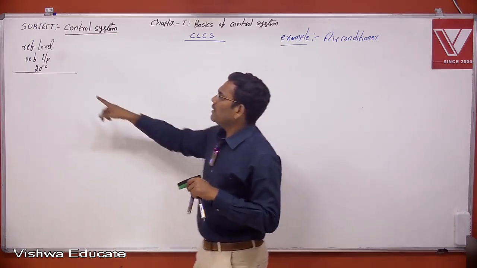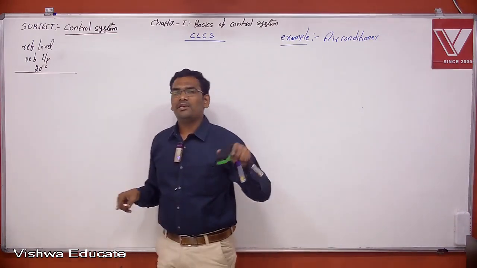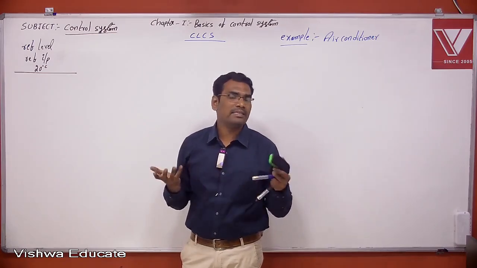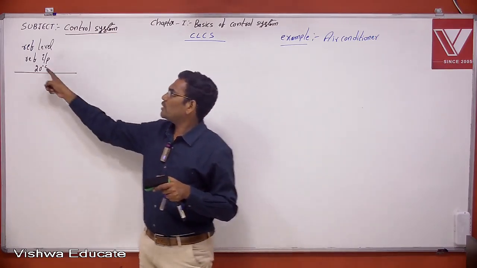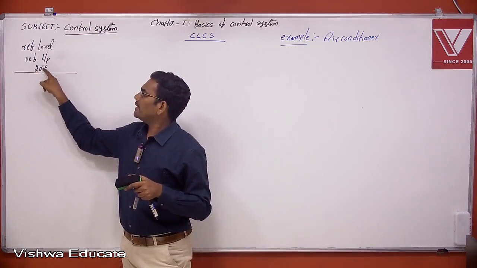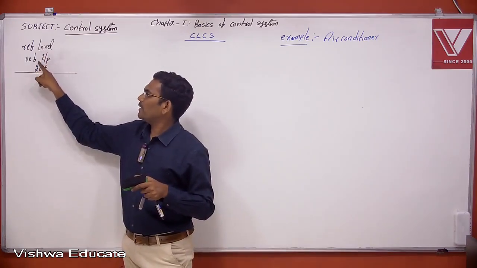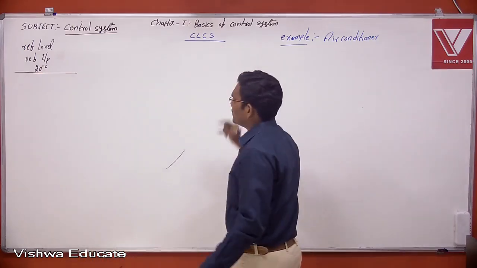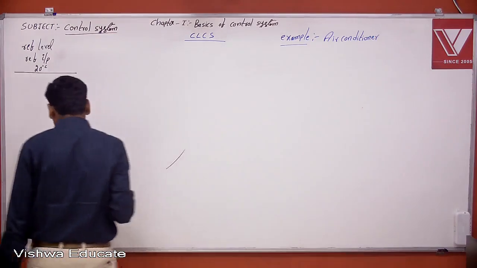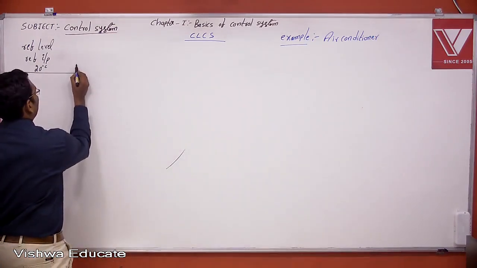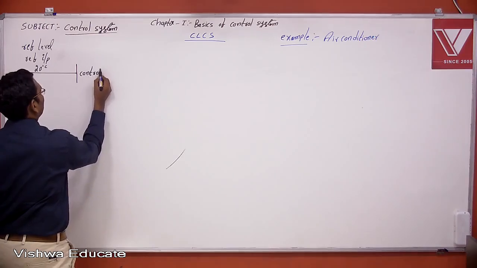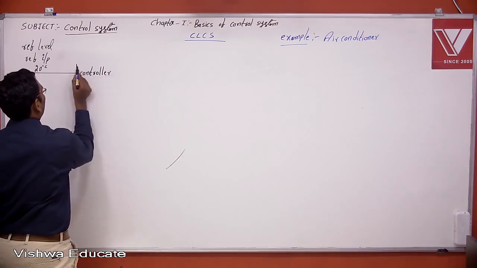This 20 degrees centigrade, with respect to your point of view, is a goal, target, expected value, desired level, but the machine will take it as a reference level or a reference input. Therefore, we are talking about control system now. Therefore, not only reference input, not only reference level, controller.